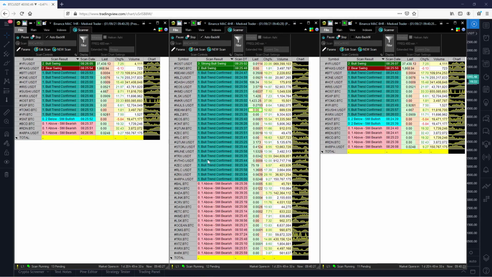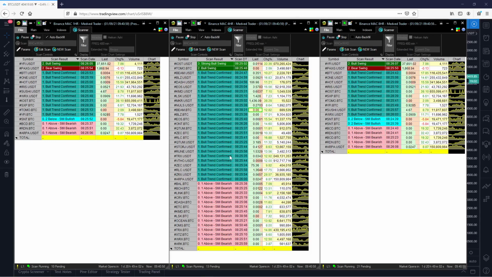But say price is in a descending triangle, and you have the first bar sort of closing above that. If that happens in conjunction with a bull trend confirmed signal, that could be a reason for you to enter into a long position, because you have two separate signals telling you the same thing at the same time.